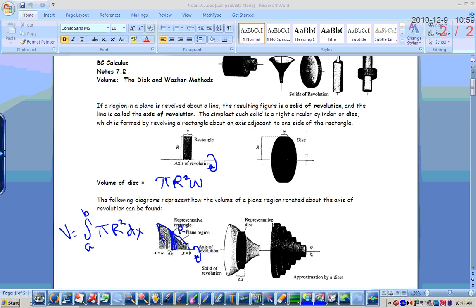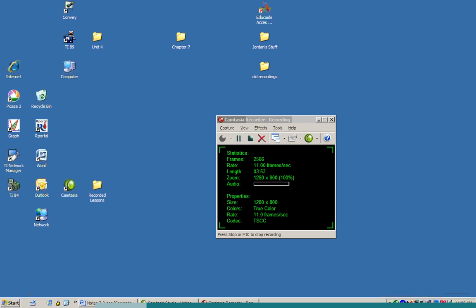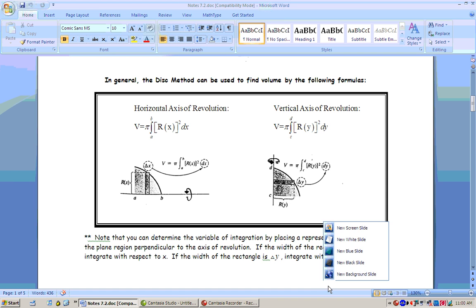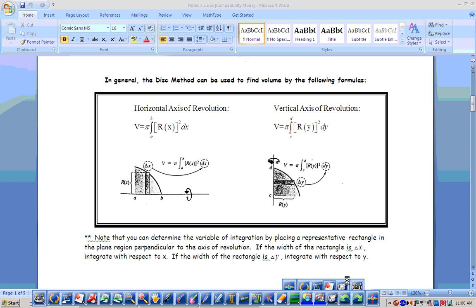If you look down to the box right below that, it gives you a general formula for finding a volume. I put r of x here as the radius, but that r of x is just saying we're talking about the radius, with those formulas in terms of x.